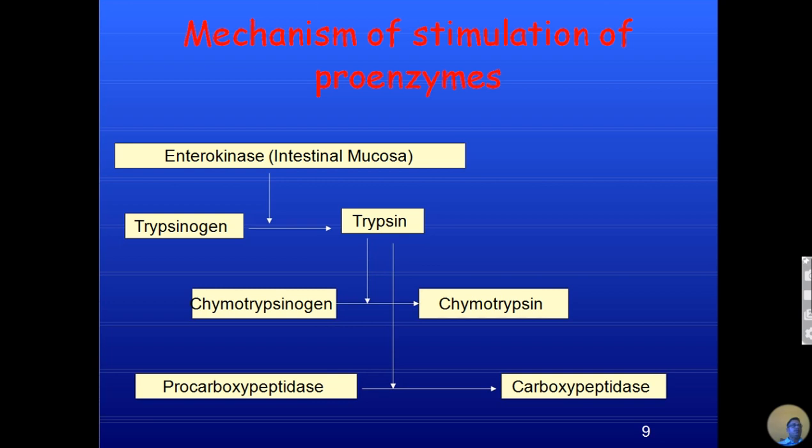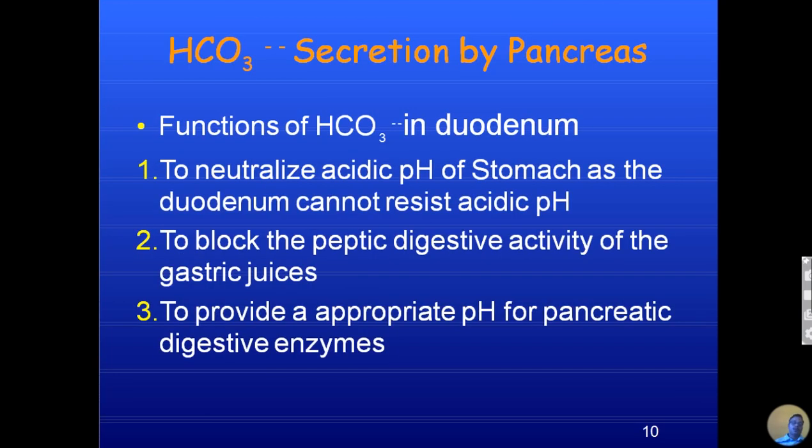So trypsinogen to trypsin, chymotrypsinogen to chymotrypsin, procarboxypolypeptidase to carboxypolypeptidase. All three groups need to be activated, and once they get activated, their activity starts. Then comes the basic role in proper digestion of the acidic chyme along with the neutralization effect by the bicarbonates which are released.